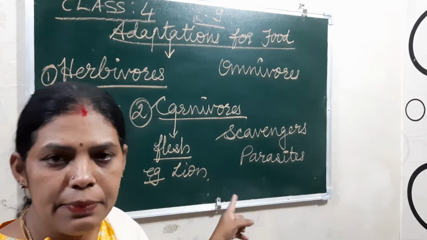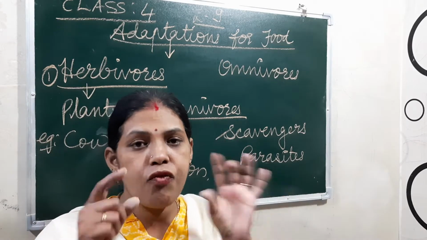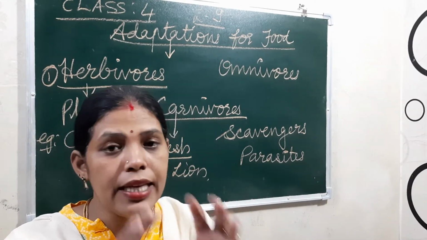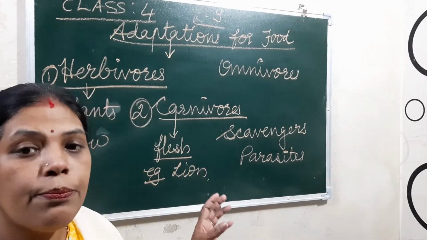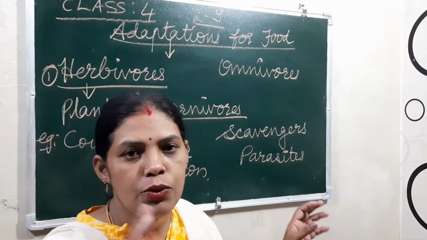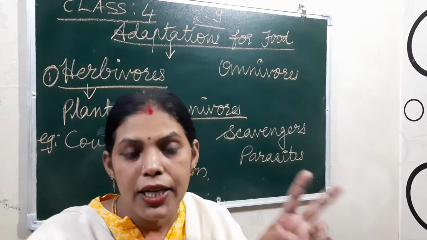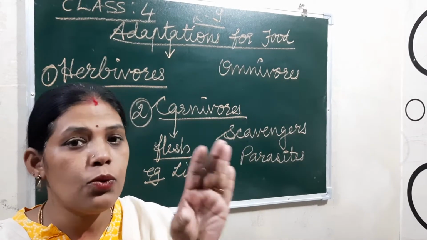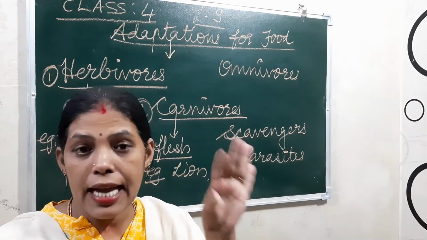Carnivorous animals. And to tear the flesh, they have sharp teeth. Those teeth are known as canines. You studied in chapter number 2 also, right? The four different types of teeth you learned: incisors, canines, premolars and molars.